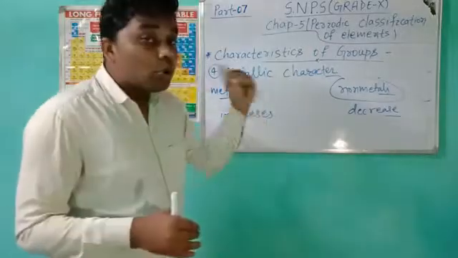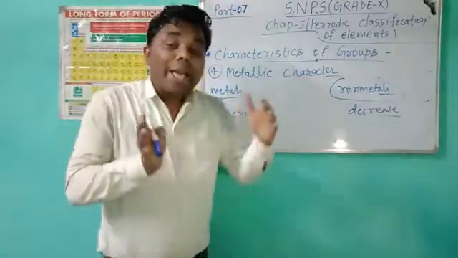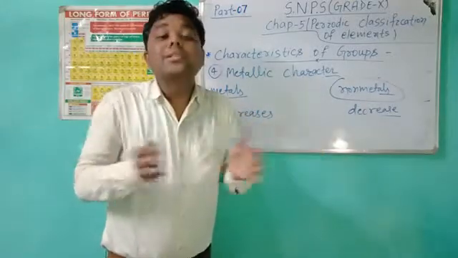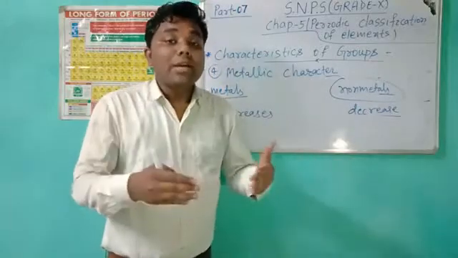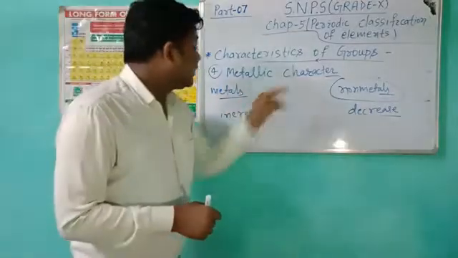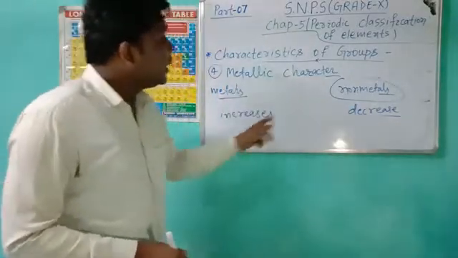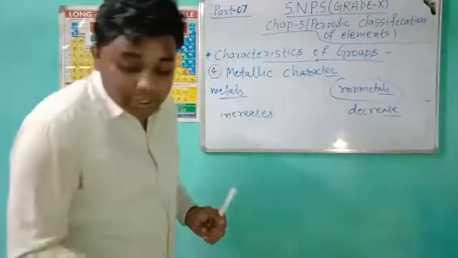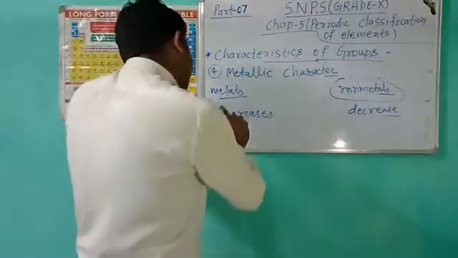But in non-metals, when we go downward, the size of the atom increases, and due to this, the tendency to accept electrons decreases. So the metallic character increases in metals and decreases in non-metals, and the same thing is present in chemical reactivity.